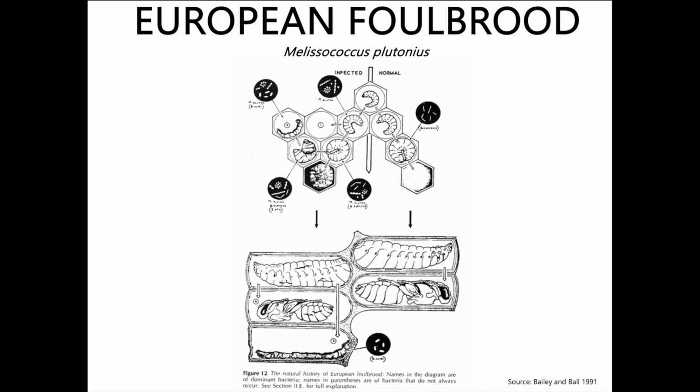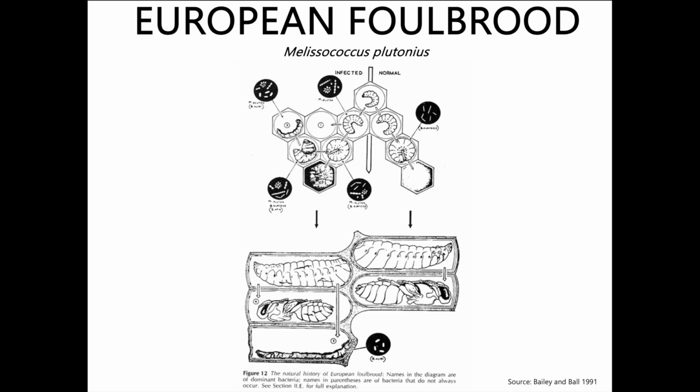With European foulbrood, the larva gets infected with a bacteria that gets into the gut. Sometimes, depending on how well it's fed, it will go through the C shape, and just as it's laying flat, it starts to die. So you get a kind of corkscrew, not fully C shape and not fully flat, kind of symptom.